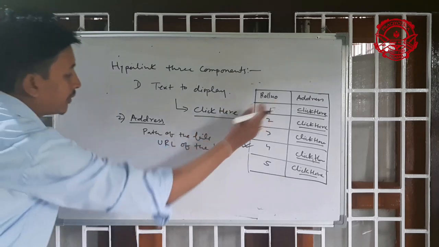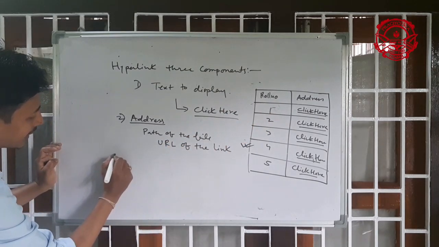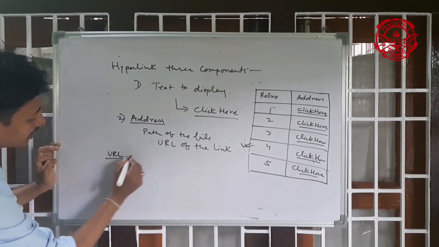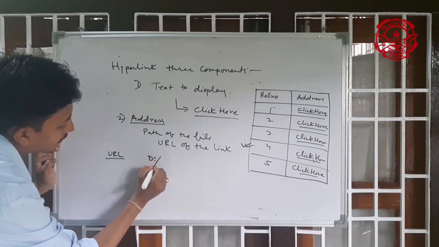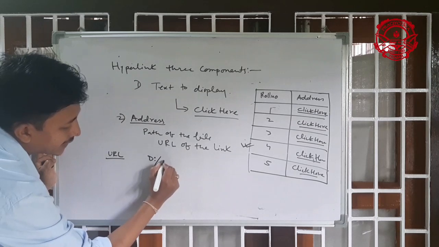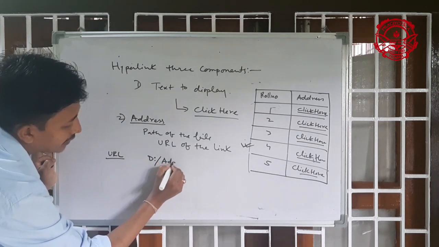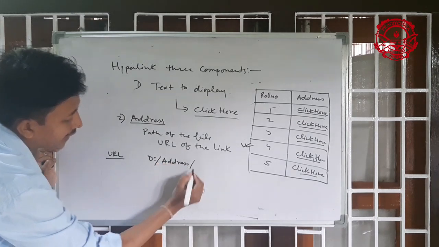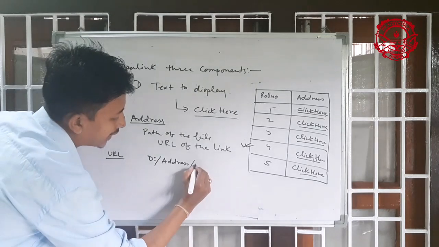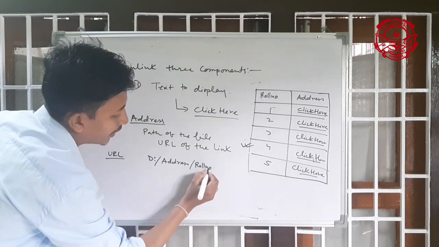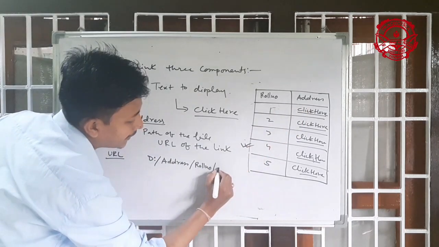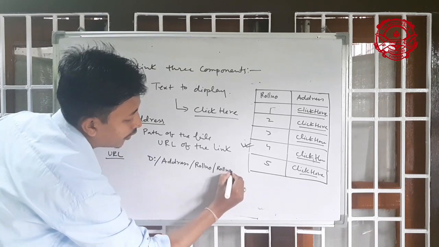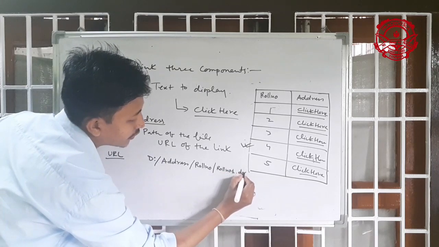So for example, see the link URL is like: in the D drive there is a folder called address, and there is another folder called roll number, and in the roll number folder the file name, say roll number 1.doc.